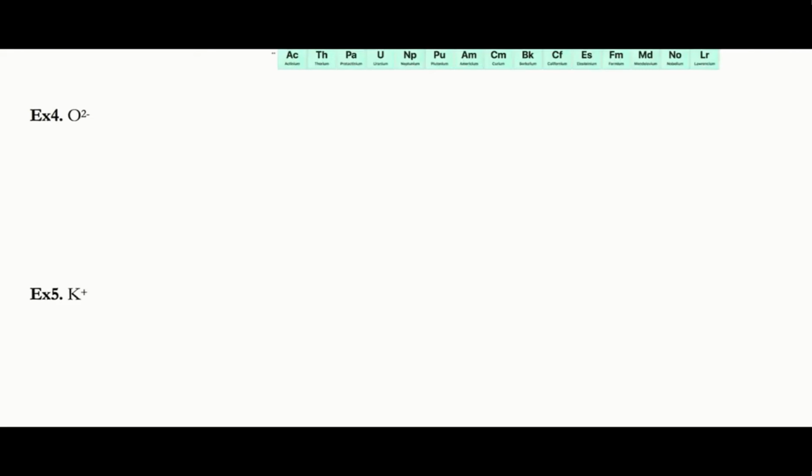All right, so let's look at 2 more examples for drawing orbital diagrams. The first one, if you notice, is oxide, O2-. So what's different here is now I've either added or gotten rid of electrons in order to form an ion. And in this case, because it's O2-, I've added 2 electrons. So let's see how that's going to affect my, first of all, electron configuration and then my orbital diagram.